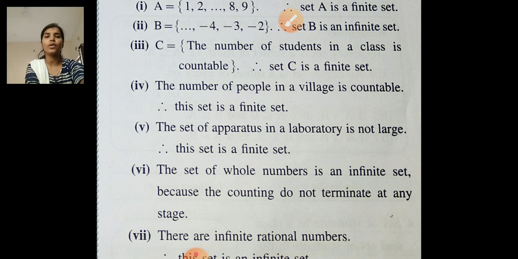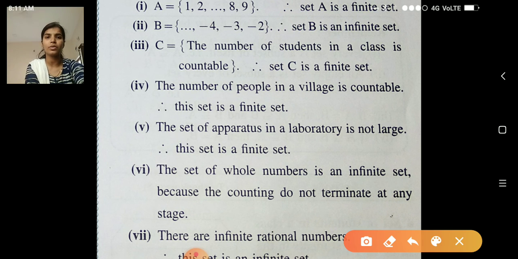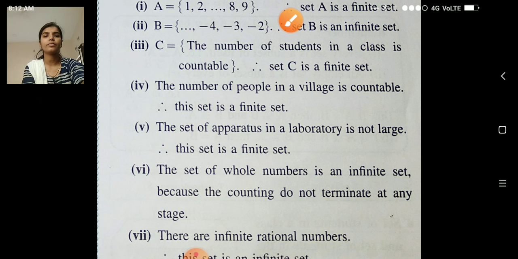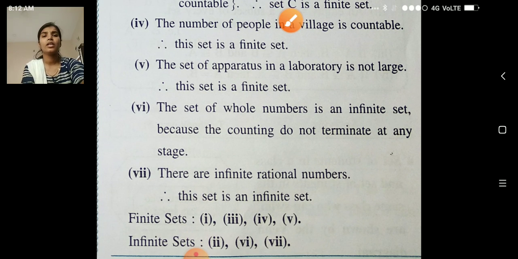The set of whole numbers is infinite, because whole numbers start from 0, 1, 2, 3, 4, 5 and so on. So the set is an infinite set. And the last example is rational numbers. The set of rational numbers is also infinite.